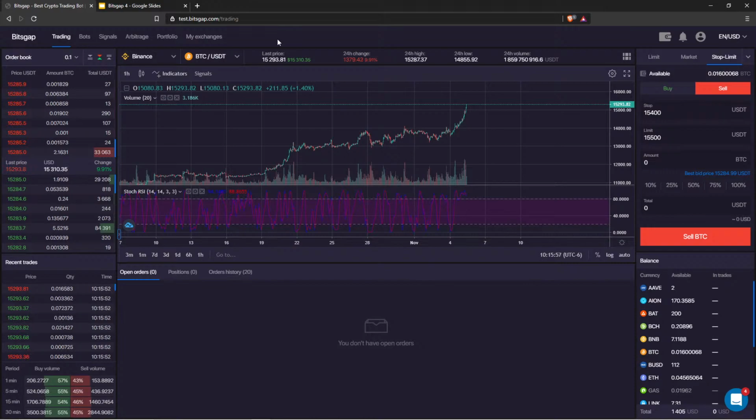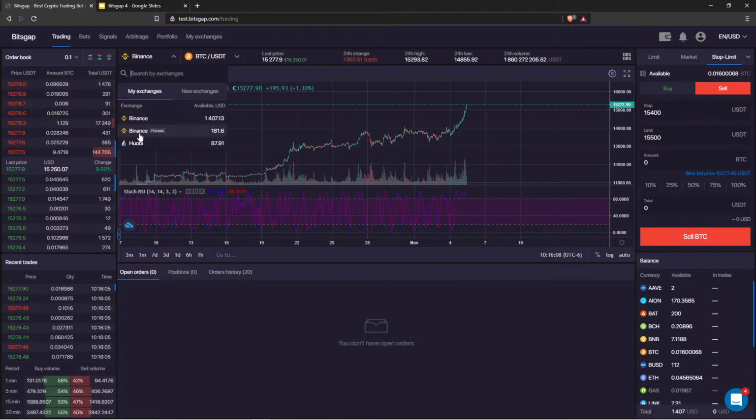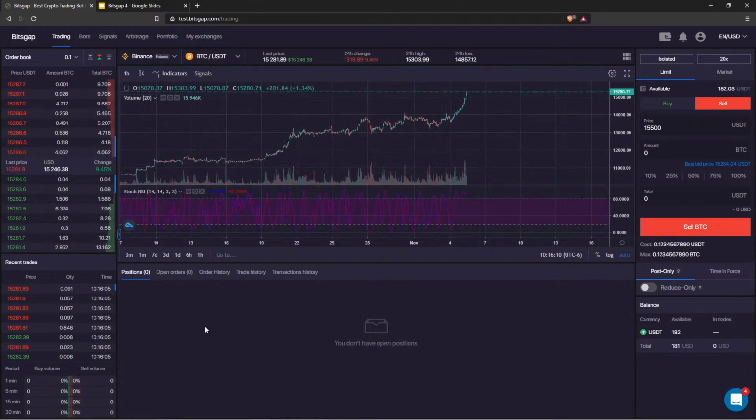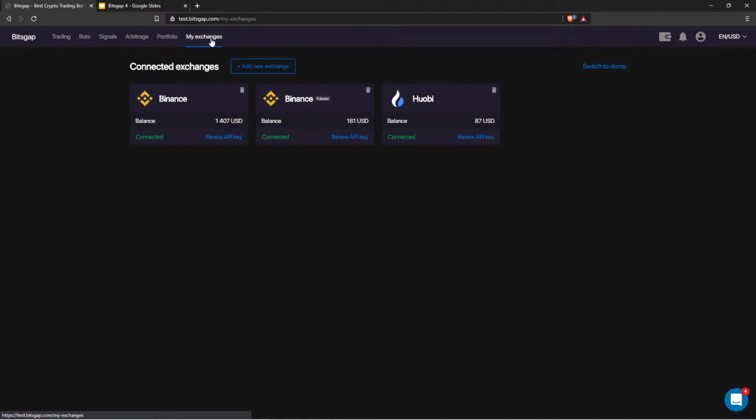If you've been trading through Bitsgap for quite a long time, then your original API is only suitable for spot trading, like for this interface. You see, I have Binance. But in order to trade through Binance Futures, you need to create a new API key. So I have the original one for the spot market and a completely separate one for futures trading.